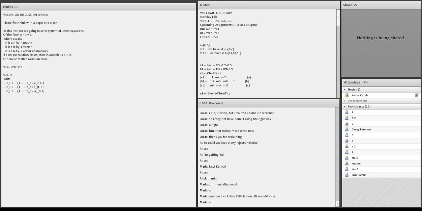Same thing for L at time t plus 1, and same thing for A at time t plus 1. Then the matrix A will correspond exactly to the dots in the right order.